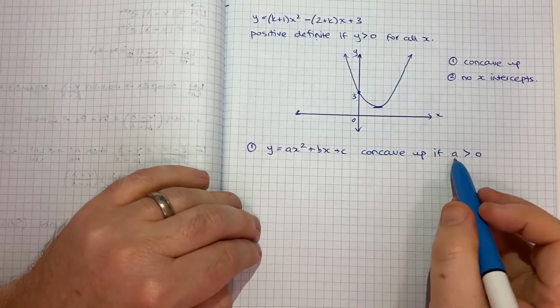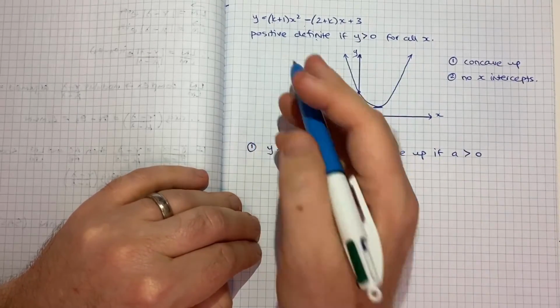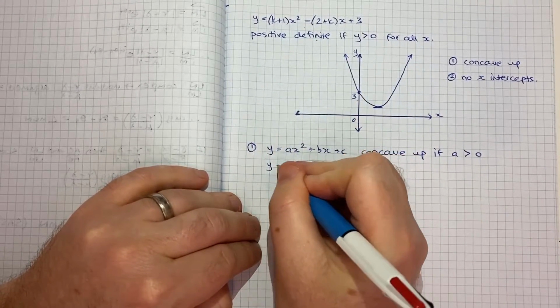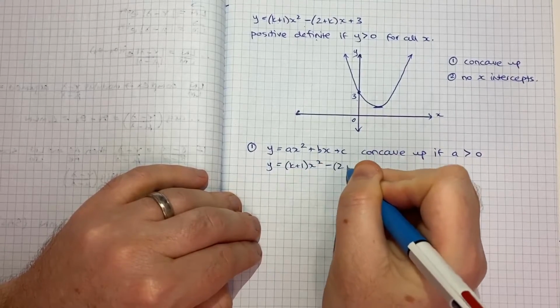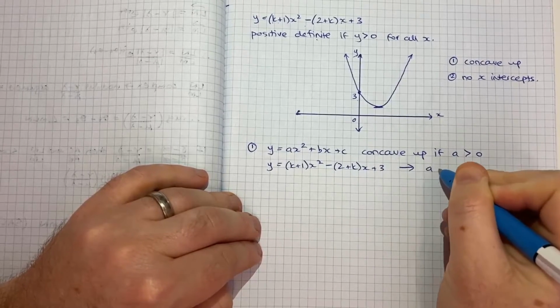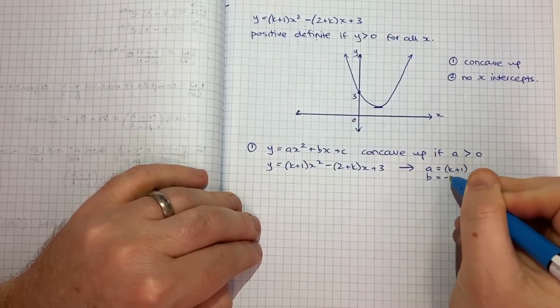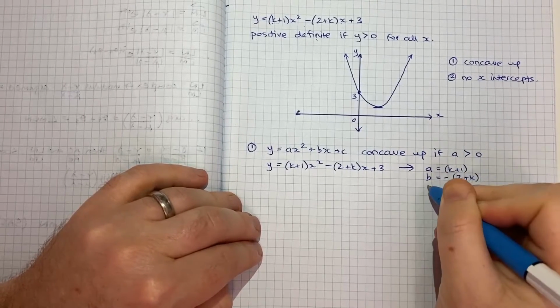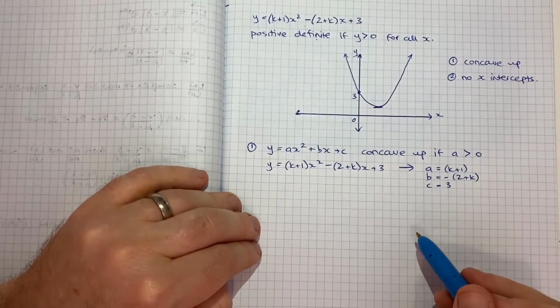So what is a in this format? In our parabola, y = (k + 1)x² − (2 + k)x + 3, which means a = k + 1, b = −(2 + k), and c = 3.